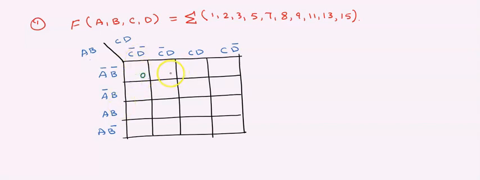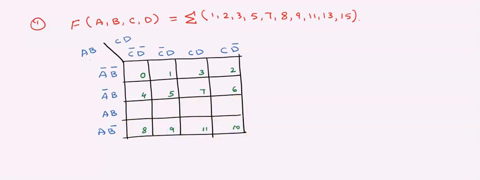First you write 0, 1, then 2, 3. You begin from here: 0, 1, then last 2, 3. Similarly 4, 5, 6, 7. Leave this row, then 8, 9, 10, 11.